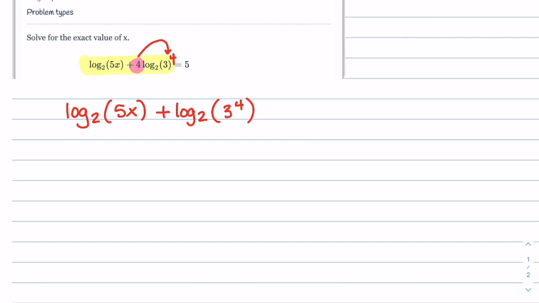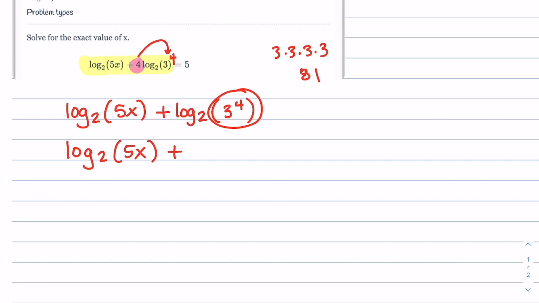And if we want it to be a little bit simpler, we could break down 3 to the 4th. So 3 times 3 times 3 times 3 will be 81. So log base 2 of 81. And this is all equal to 5.